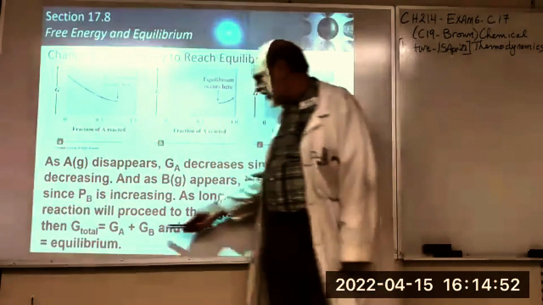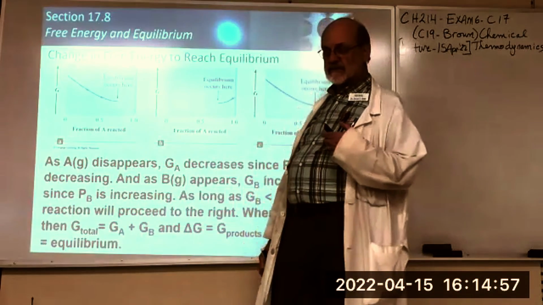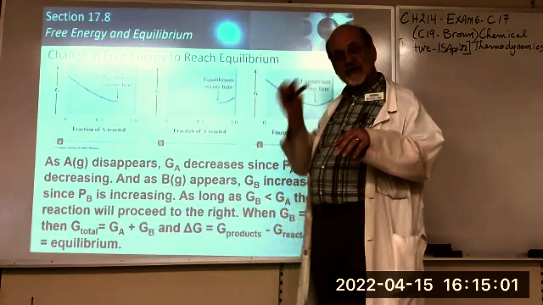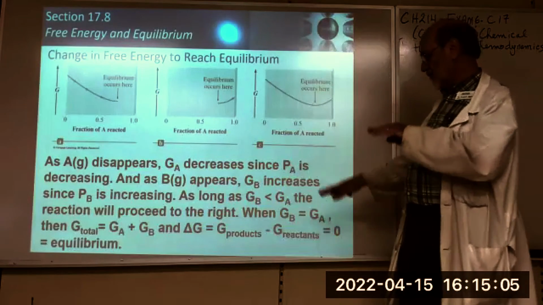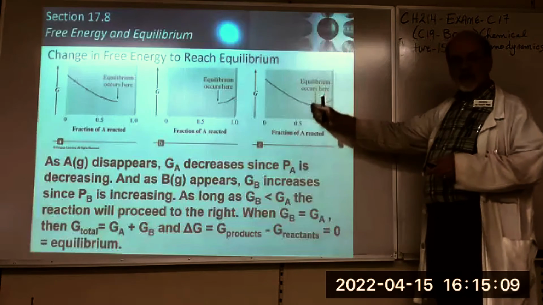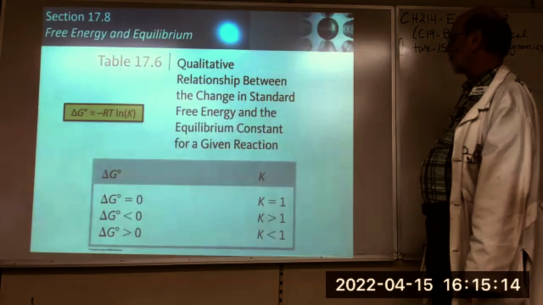Right? So one of these is decreasing, the other one's increasing, but eventually the magnitudes are equal and the signs are opposite and they cancel out and become 0. That's where you reach equilibrium.